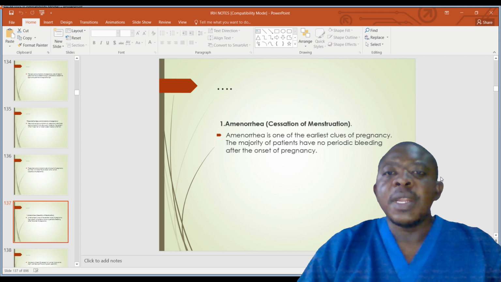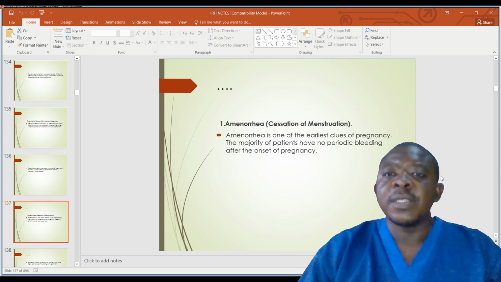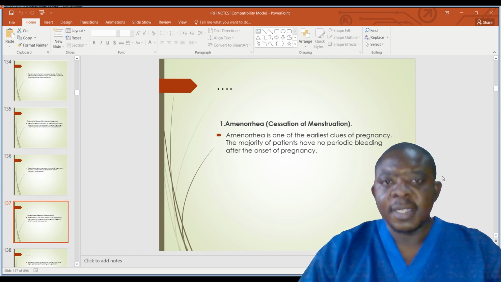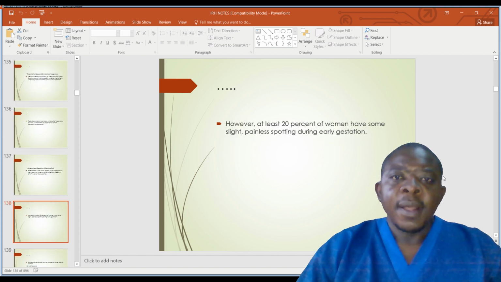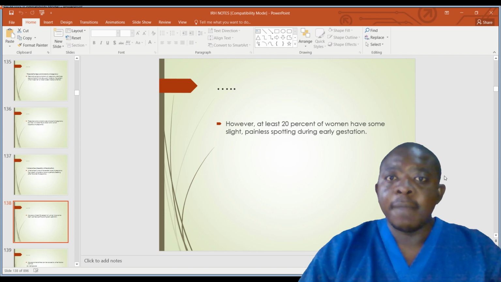Amenorrhea is one of the earliest clues of pregnancy. The majority of patients have no periodic bleeding after the onset of pregnancy. However, at least 20% of women have some slight painless spotting during early gestation.